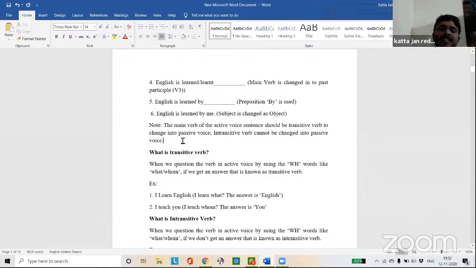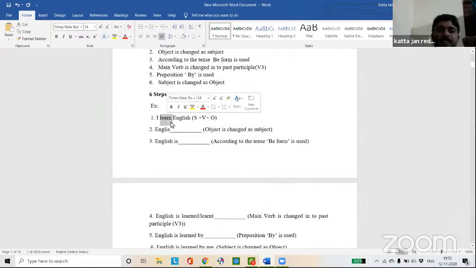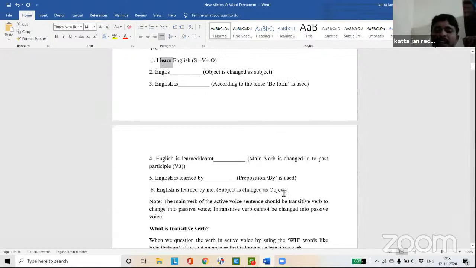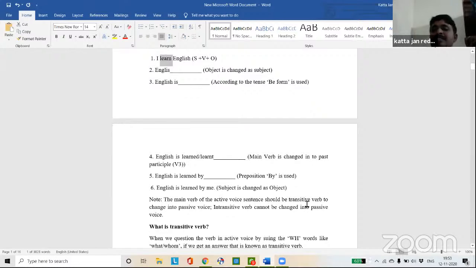Okay. So here is an important note we have. What is the note? The main verb in the sentence should be which verb? A transitive verb. It should not be an intransitive verb. An intransitive verb cannot be changed into passive voice. It should be only a transitive verb. Okay, remember this.